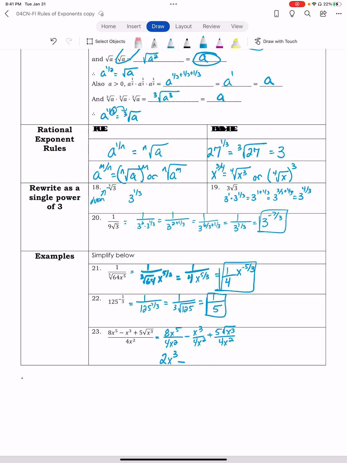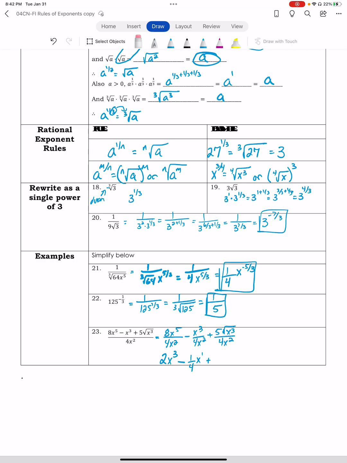I know that that's going to be x cubed over x squared, so this is going to be 1/4 x to the 3 minus 2 is 1. Okay. And then this last one here, I'm going to rewrite this.